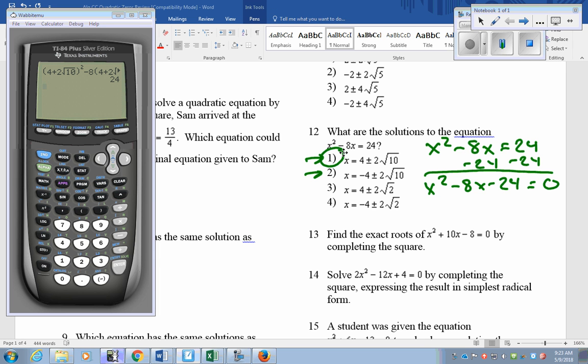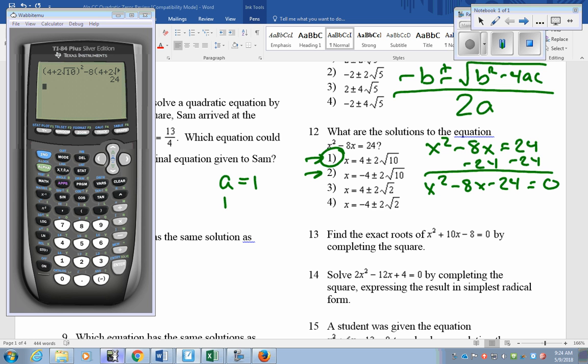Now I'm going to show how to figure out if that's the answer using the quadratic formula. The quadratic formula is on your reference sheet. It's negative b plus or minus the square root of b squared minus 4ac, all over 2a. Now you need to know a couple of things. First off, what are a, b, and c? You get that from the equation. So a is 1, b is negative 8, and c is negative 24.